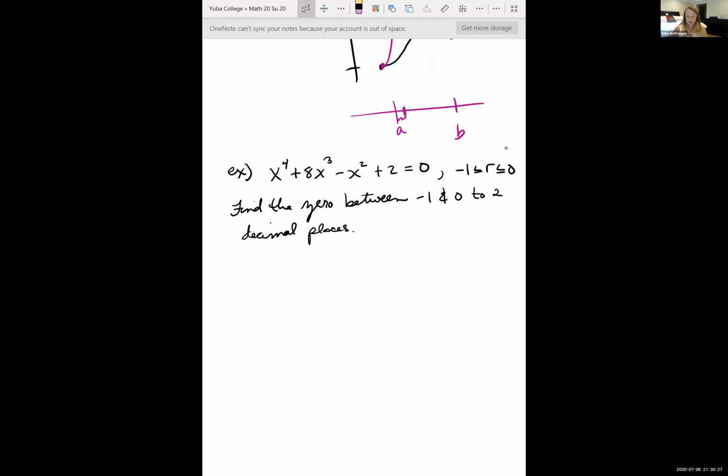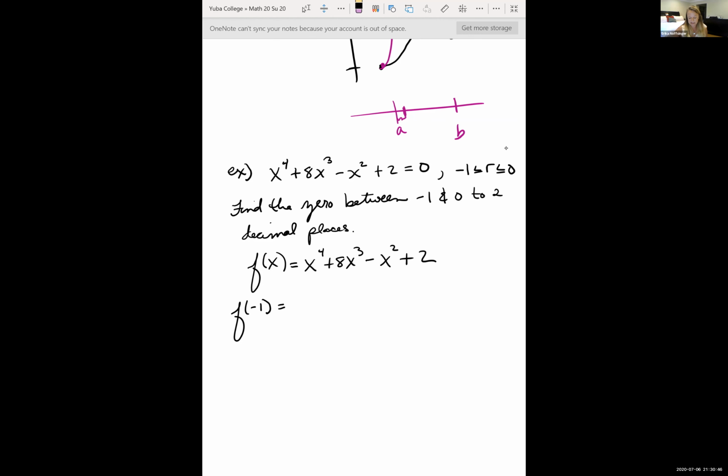Okay, so let's define f of x to be this polynomial, x to the 4th plus 8x cubed minus x squared plus 2. And let's evaluate f of -1.